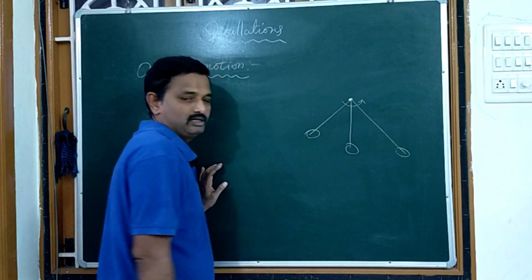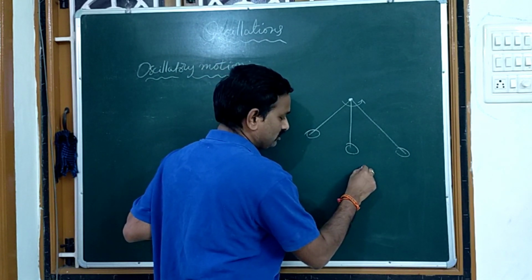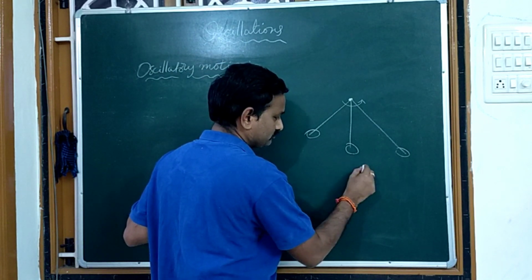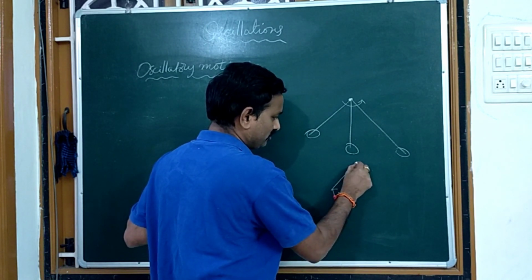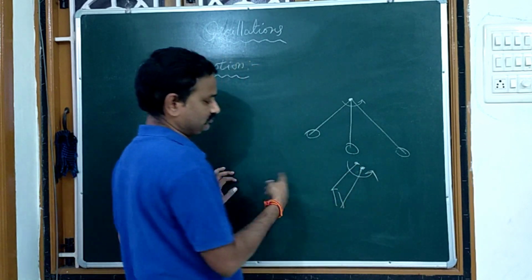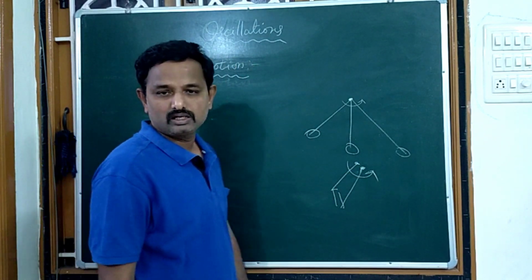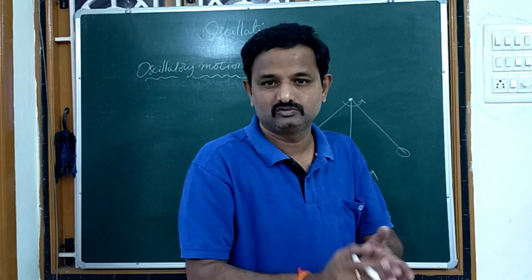Like that, a swing also moves about fixed points, and about these two fixed points it makes oscillations.